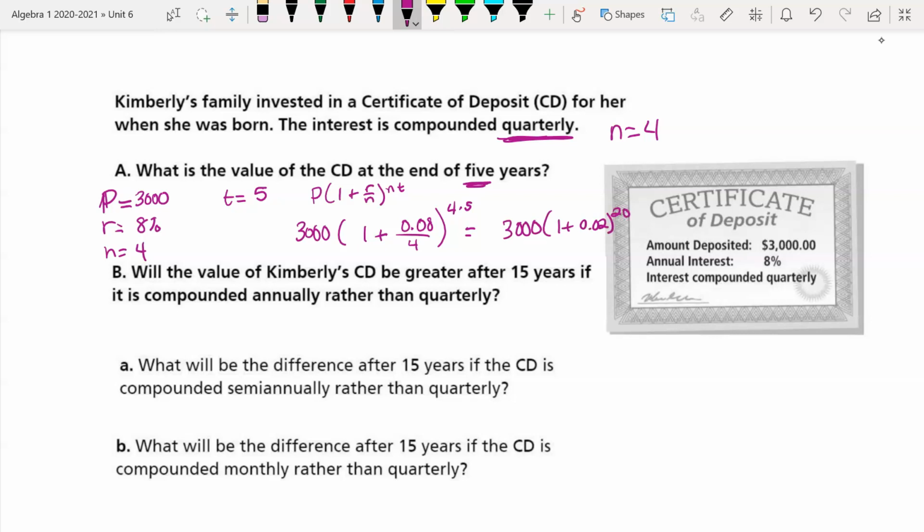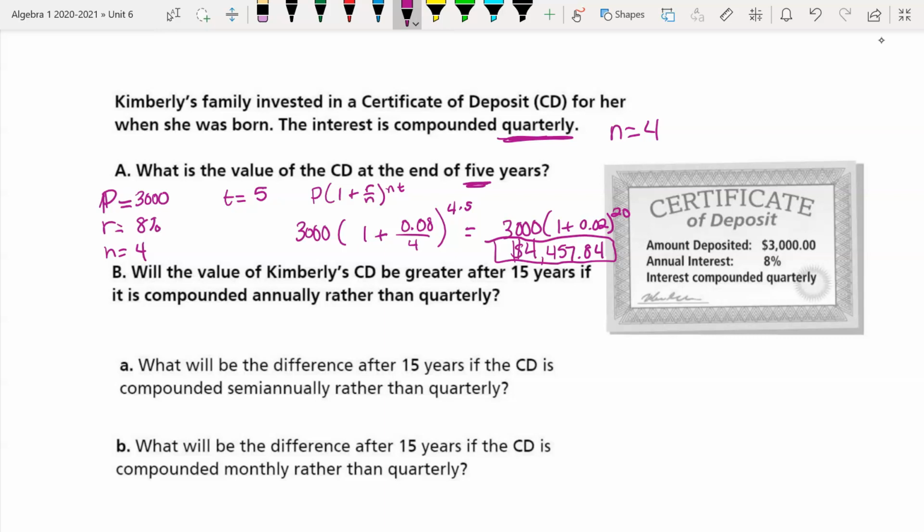So just like what we did before, you're going to type it into your calculator. 1 plus 0.02 raised to the 20th power. Press enter. You should get 1.485947396. And I'm going to multiply that by 3,000 to get $4,457.84. So that's how much their certificate of deposit is going to be in 5 years.